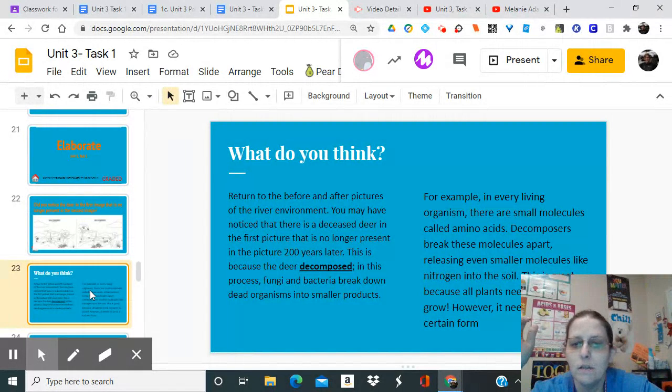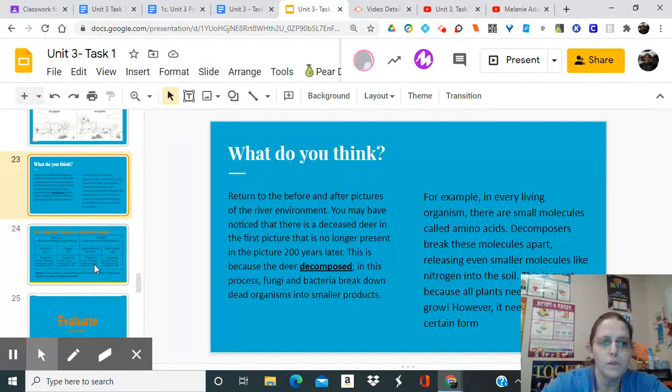So what has created those byproducts is the molecules called amino acids. So the decomposers break the molecules apart, they separate that bond, and they release even smaller molecules like nitrogen into the soil. Okay, so this is great because all plants need nitrogen to grow. But it needs to be in the right format.